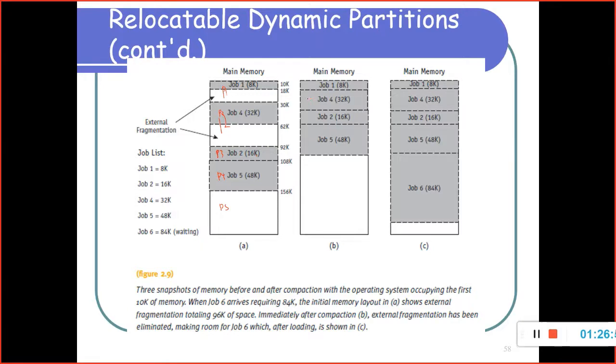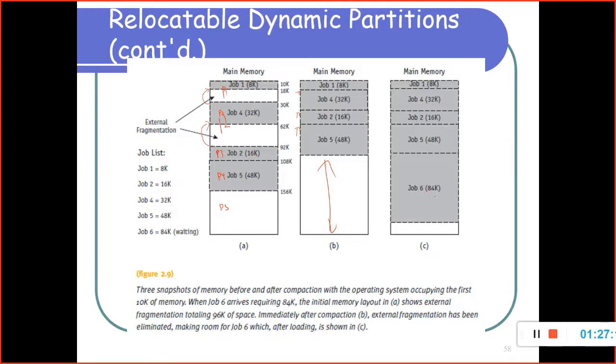So what the relocatable dynamic partition means is that they relocate all the free space, they move it here. But this address location will be shifted up. So the address location of this one will go to this one, meaning that they're going up, to the lower memory address.